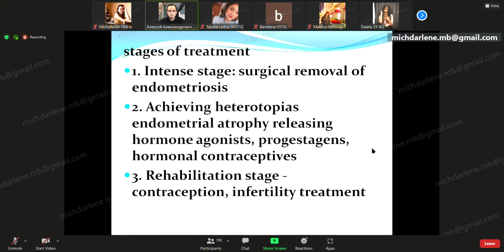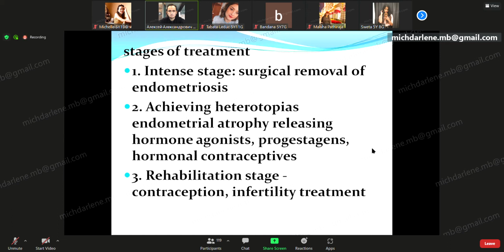For the first step, guys, there should be serious surgeries of high enough quality, because we are usually talking about extra-uterine locations. The pathological process could involve the intestine, bowel, bladder, blood vessels, ureter.